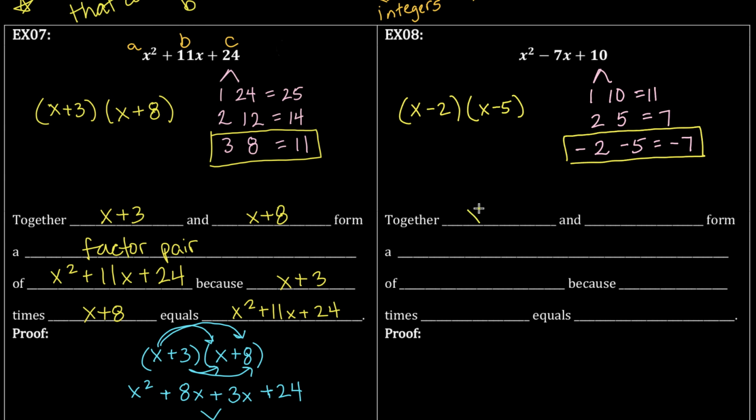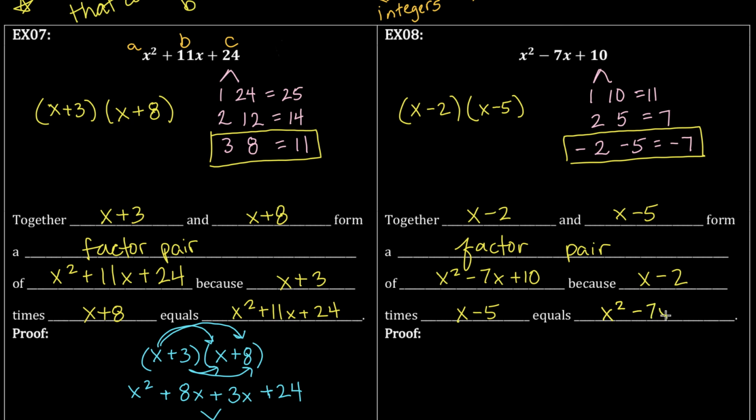So together, x minus 2 and x minus 5 form a factor pair of x squared minus 7x plus 10, because x minus 2 times x minus 5 equals x squared minus 7x plus 10.